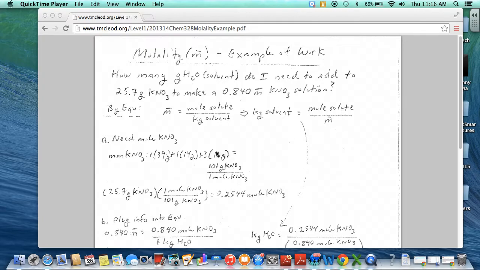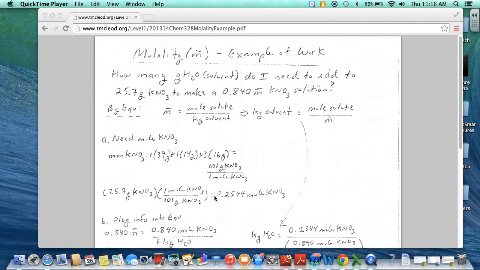Since you have grams of the solute and you want moles of solute, you need the molar mass. So you can simply plug it in here to find your moles of solute, because you need that there.